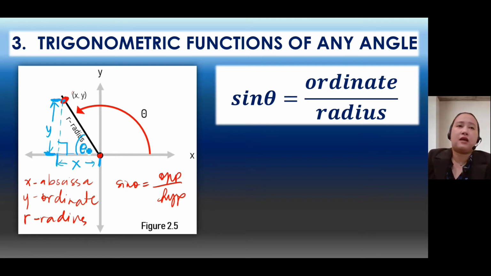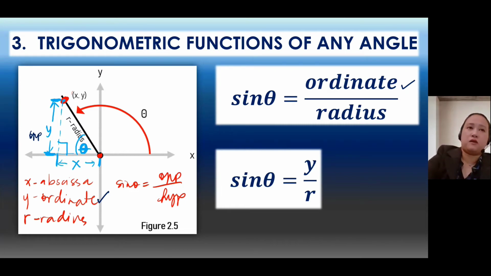Since this is the theta, the opposite side of theta is y, and y is called ordinate. Since sine theta is equivalent to opposite, which is the ordinate, divided by the radius, the hypotenuse, sine theta equals ordinate over the radius, or y over r.